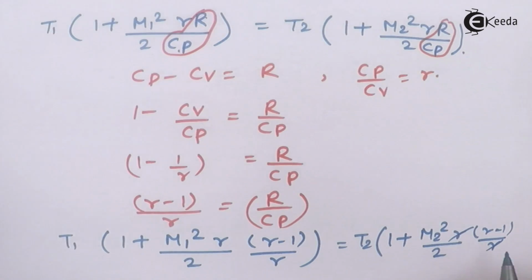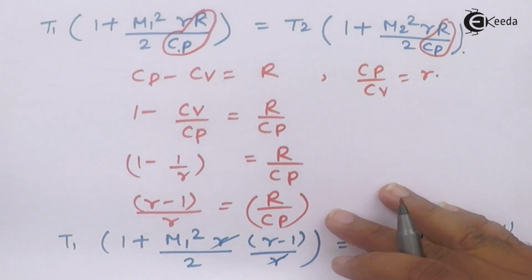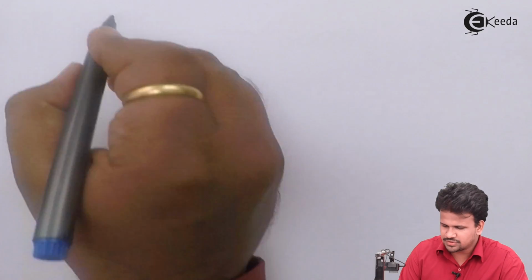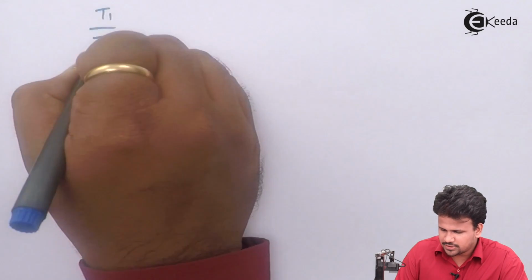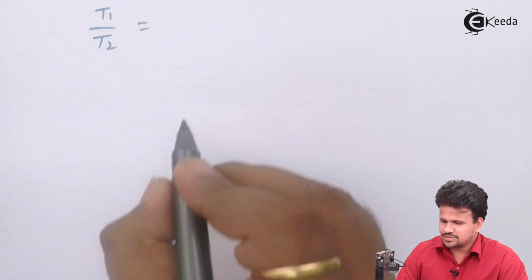So these values of gamma will go away and we are left with these two equations, which are similar to the stagnation temperatures.